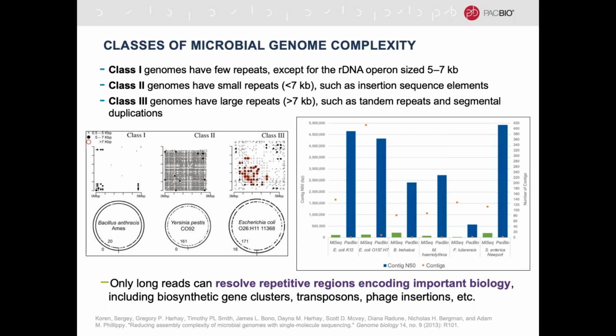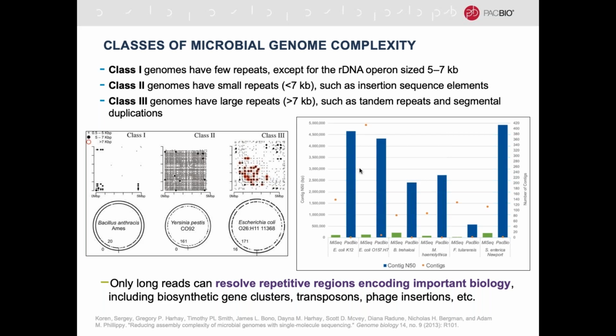So today, of course, we'll be talking about microbial genomics. And I wanted to start off with this overview of microbial genome complexity and highlight the importance of having long reads for microbial genome assembly. This figure on the right here shows really nicely that PacBio long reads make a very significant difference in the quality of the genome assembly.